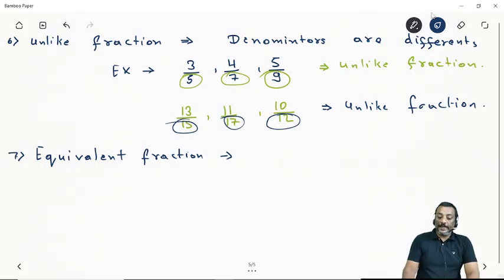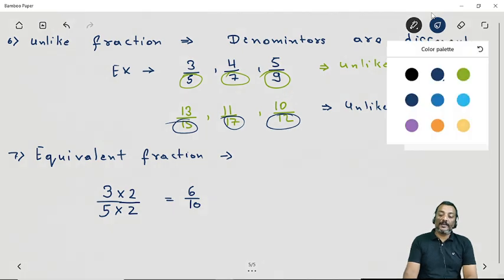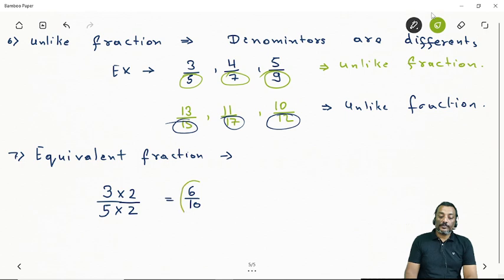Okay, let's see examples. Suppose we have a fraction 3 over 5, and we are asked to find the equivalent fraction. What we will do is multiply the numerator and denominator by the same number. So what fraction did we get? 6 over 10. So this 6 over 10 is the equivalent fraction of 3 over 5.